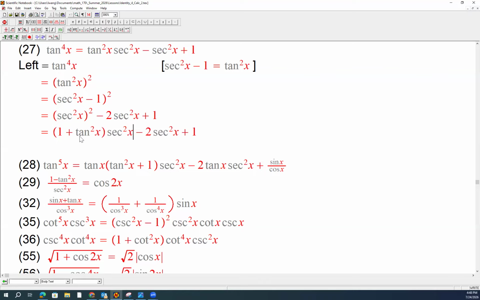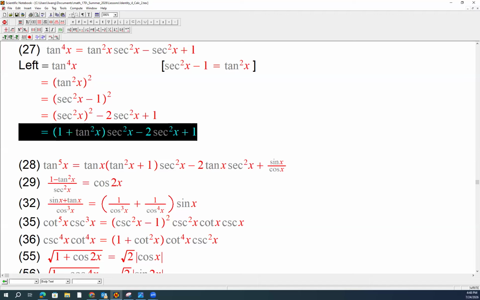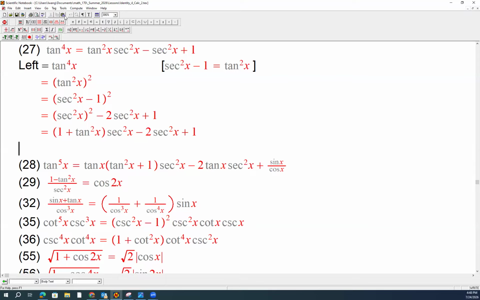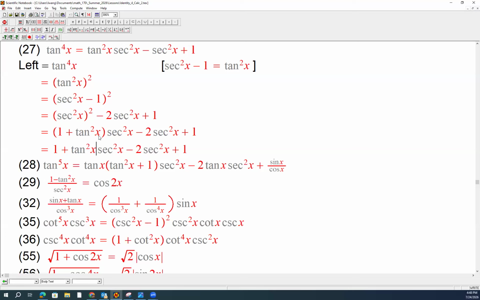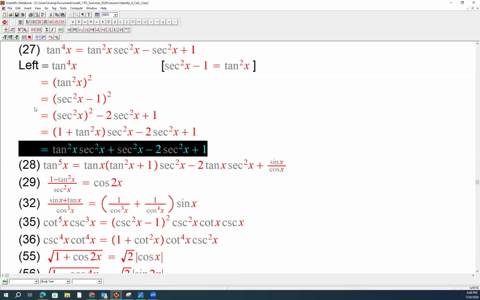So now we're going to multiply 1 plus tangent squared times secant squared. So we're going to distribute: tangent squared times secant squared, right? And 1 times secant squared. So that's how we ended up with the right-hand side.